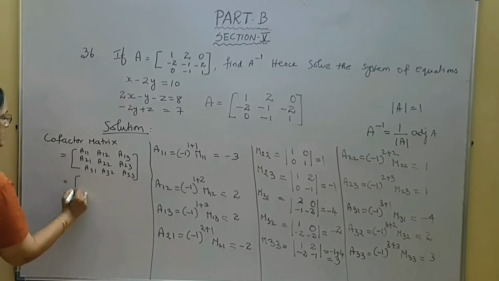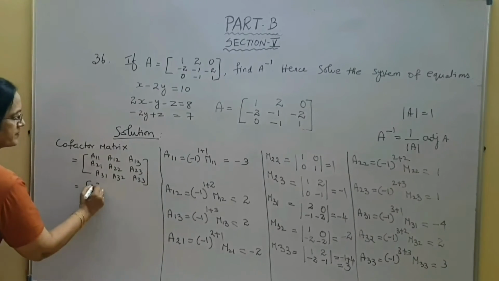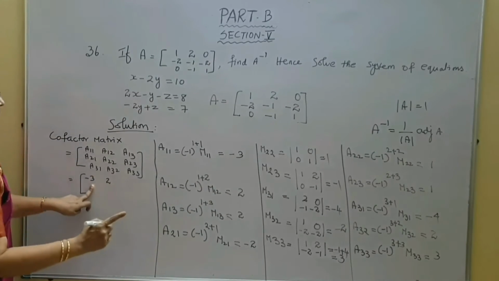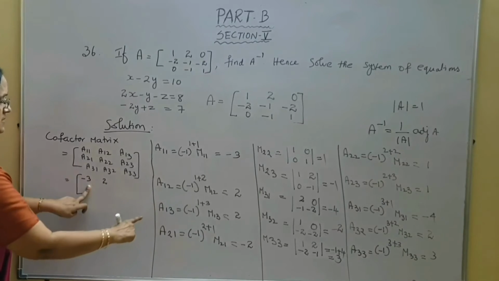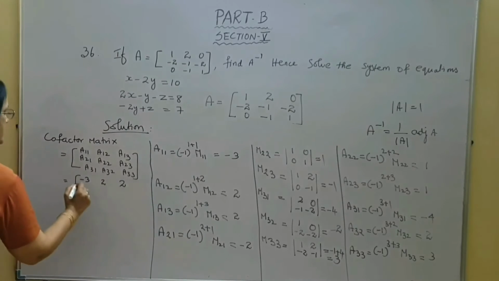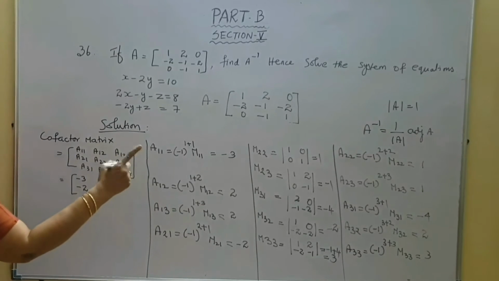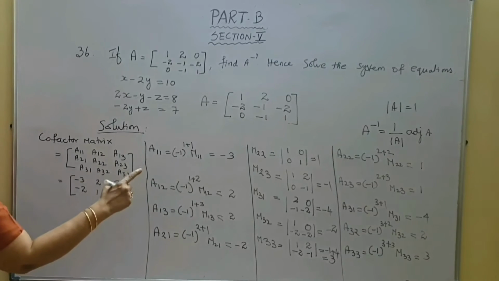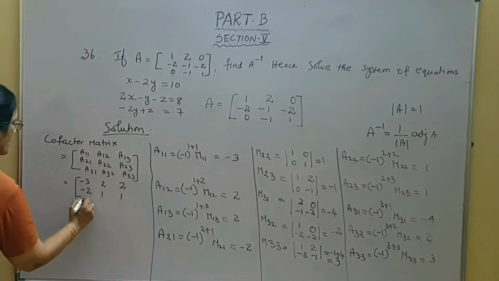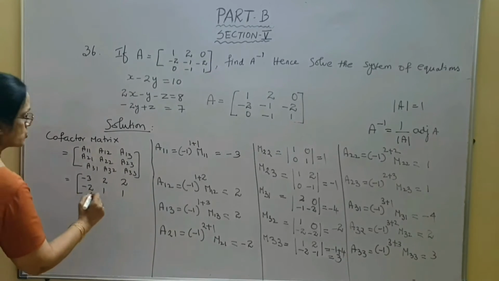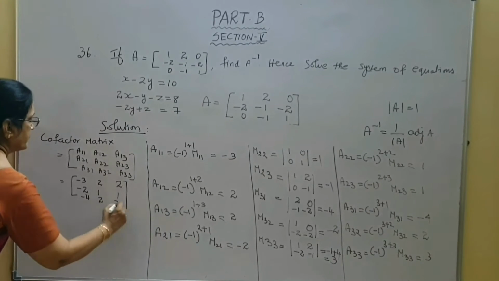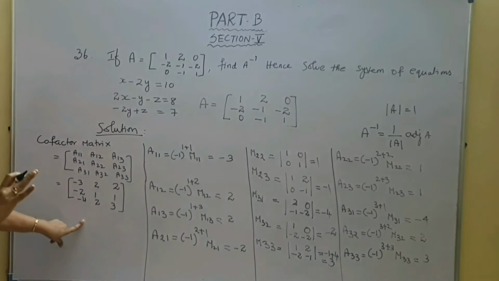So A11 is minus 3, A12 is 2, A13 is 2, A21 is minus 2, A22 is 1, A23 is 1, A31 is minus 4, A32 is 2 and A33 is 3. So this is the cofactor matrix.